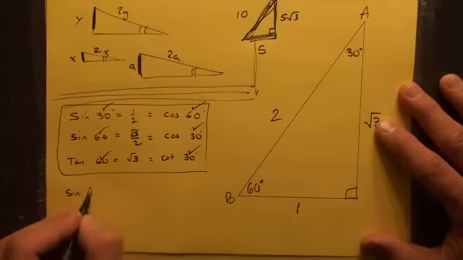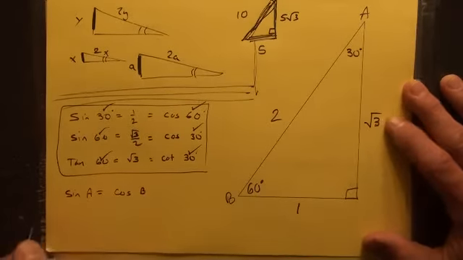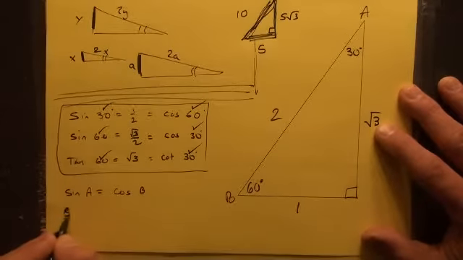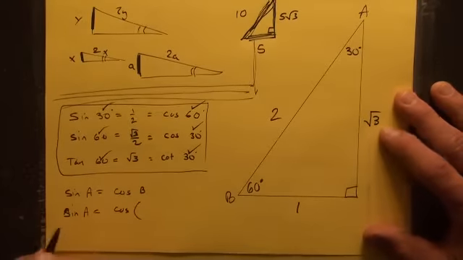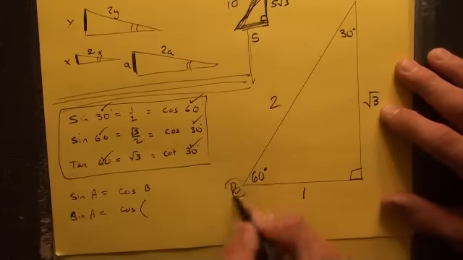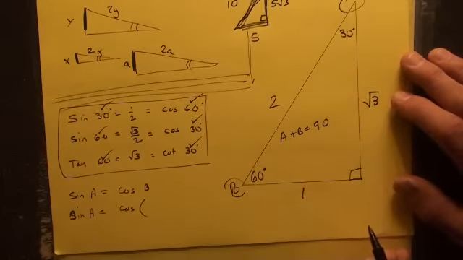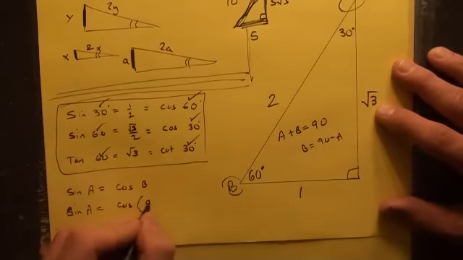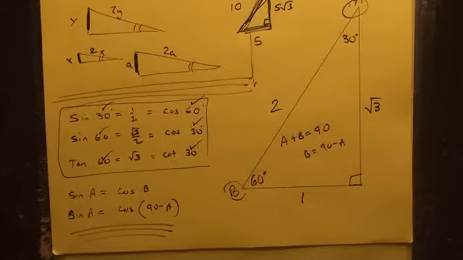Sine of angle A will equal the cosine of angle B. Another way of writing that is this: sine of angle A equals cosine of, well, let's take a look at what we know about A and B. We know that A and B will always add up to 90 degrees. So we could call B 90 minus A.